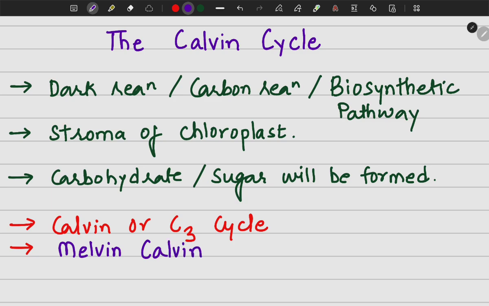He studied algal photosynthesis and discovered the C3 cycle. Hence, on his name, the cycle has been named the Kelvin cycle. And this cycle occurs in all the photosynthetic plants.